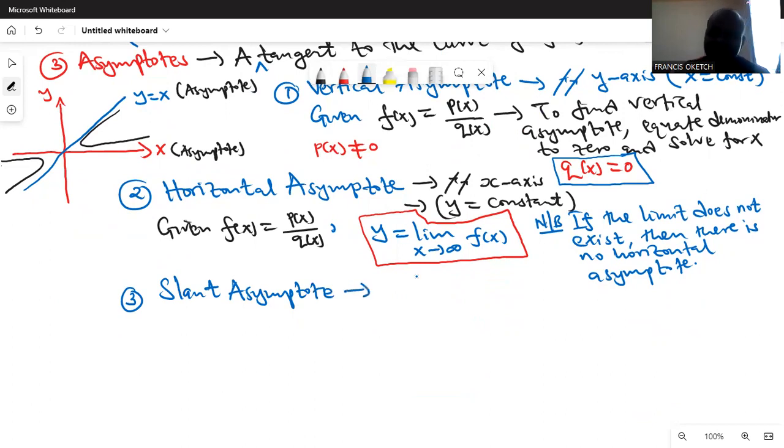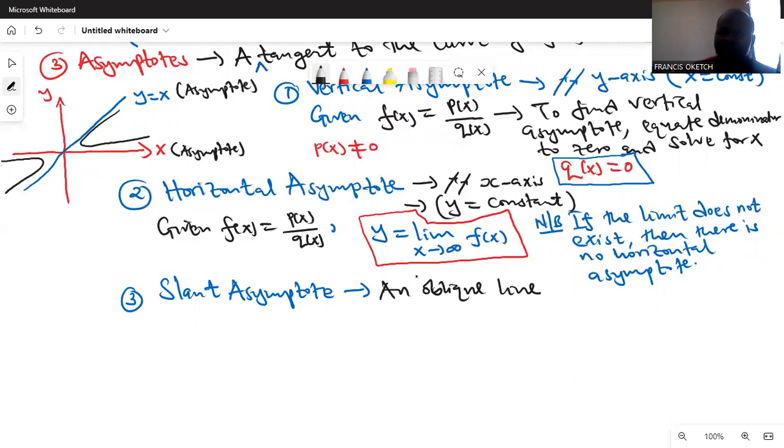It is a line that is neither parallel to the x-axis, nor is it parallel to the y-axis. It is an oblique line. So that is what we call slant asymptote.